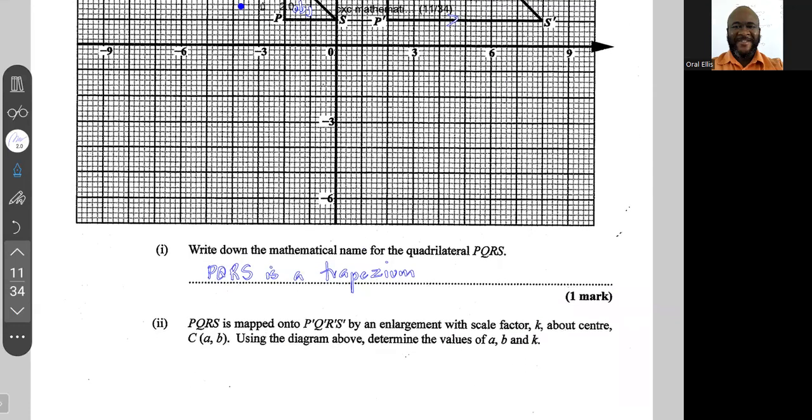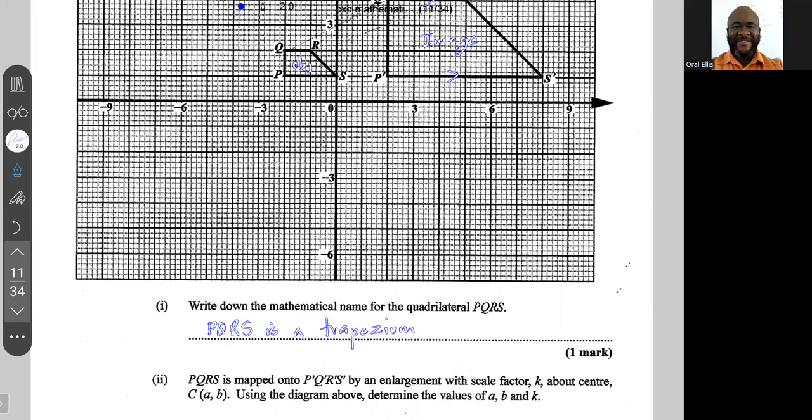This says PQRS is mapped onto P prime, Q prime, R prime by an enlargement with scale factor K about the center AB. Using the diagram above, determine the values of A, B, and K. All right.